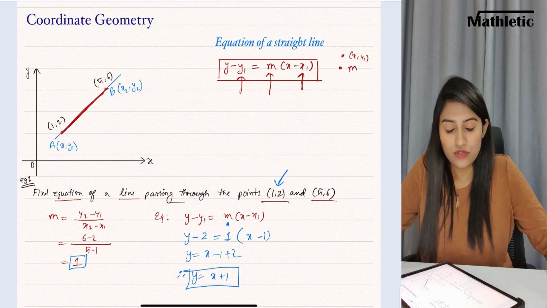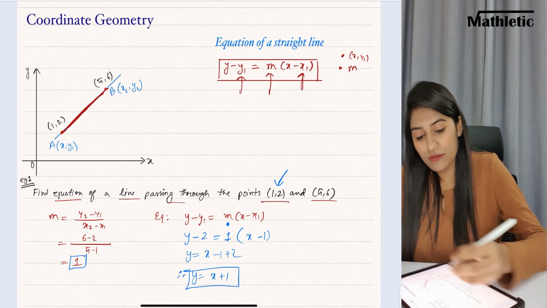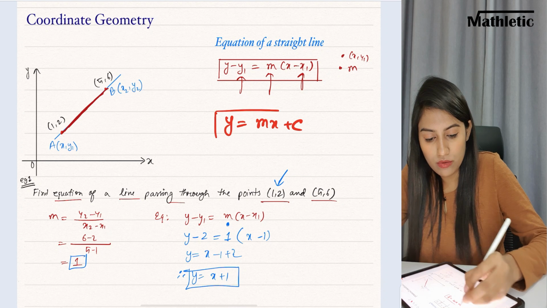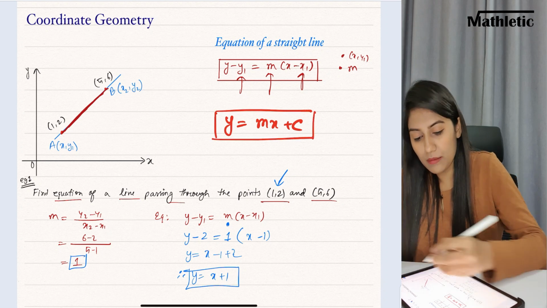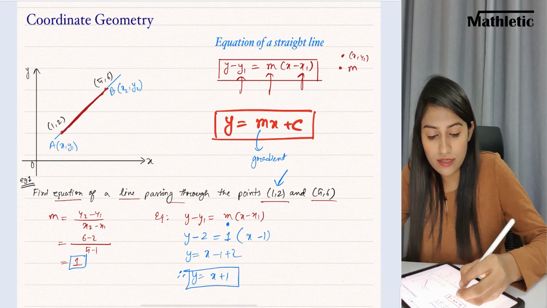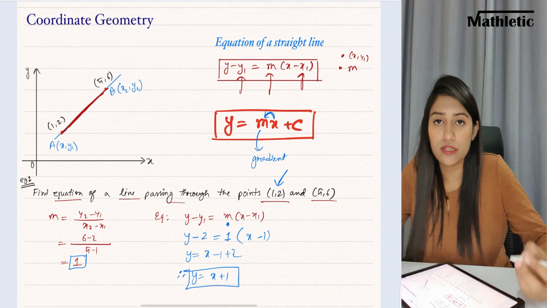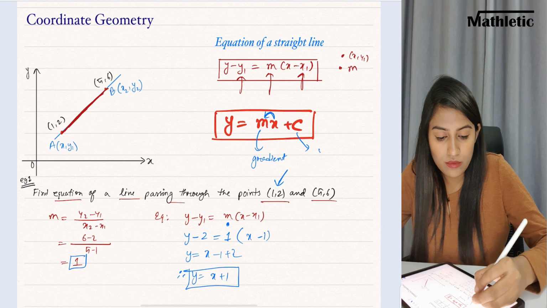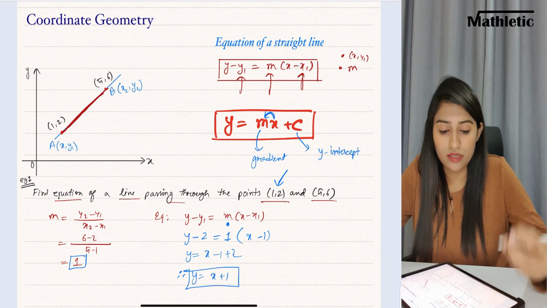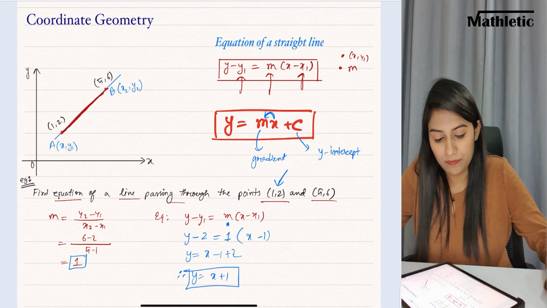So the equation of a straight line can also be expressed in a different format: y equals mx plus c. You can also use this format where m is the gradient. As you can clearly see, the coefficient of x gives you the gradient, and c is the y-intercept, as in the point at which the line crosses the y-axis.